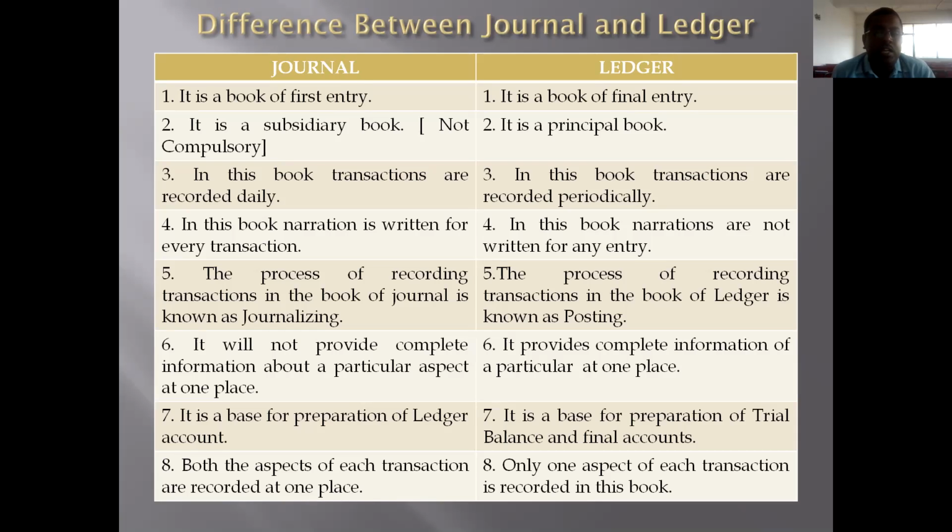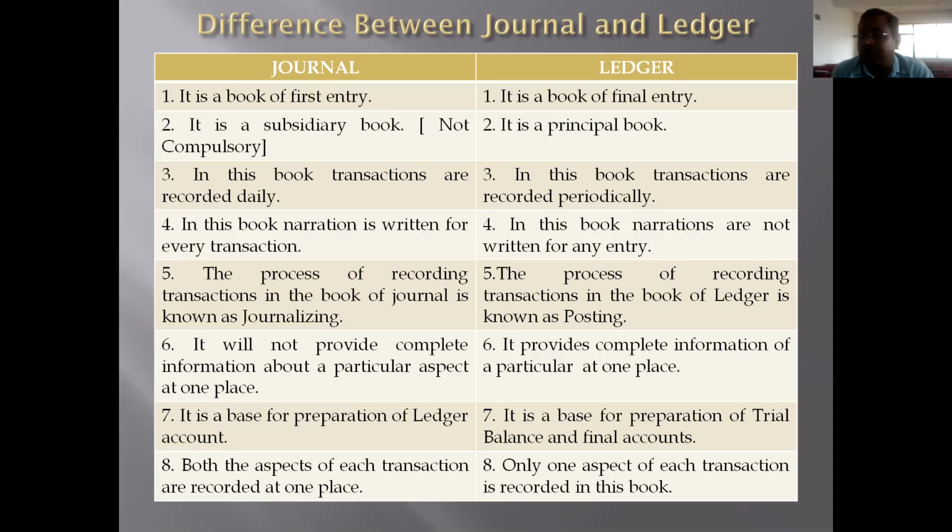Then the second difference is journal is a subsidiary book, meaning journals have certain substitutes. If you are not able to maintain a book called journal, then you can maintain a book called subsidiary books, meaning they have substitutes. But ledger is a principal book which does not have any substitute. So keep in mind, journal is a subsidiary book and it is not compulsory.